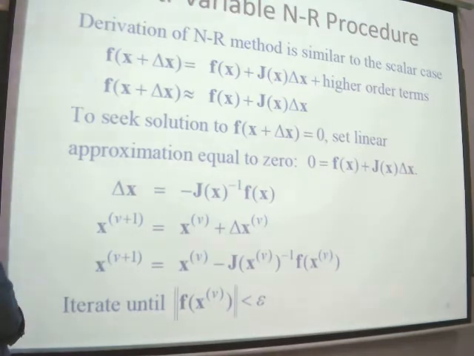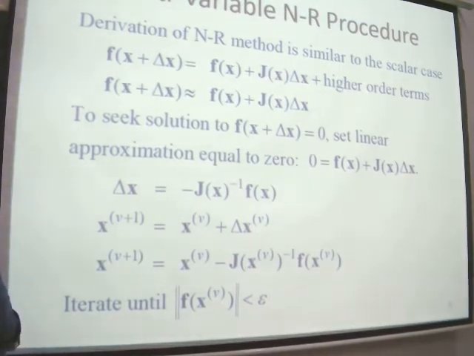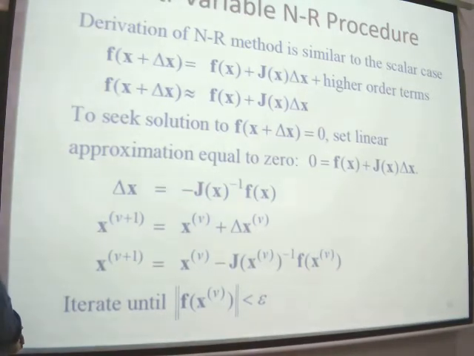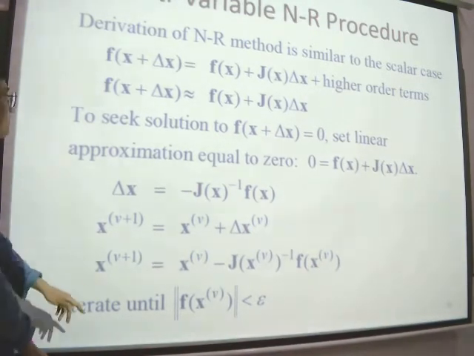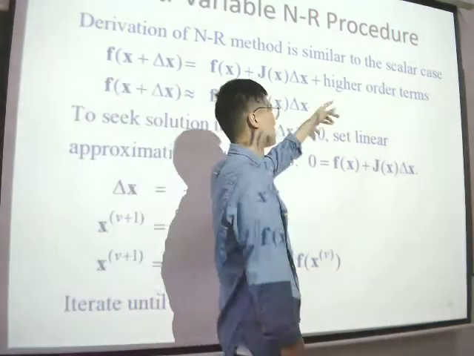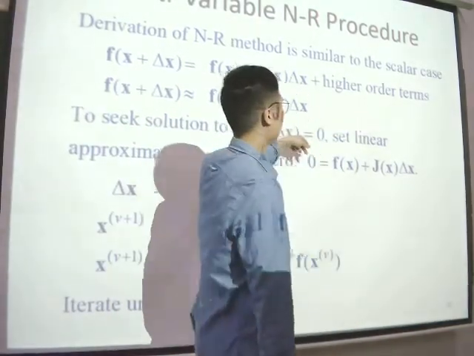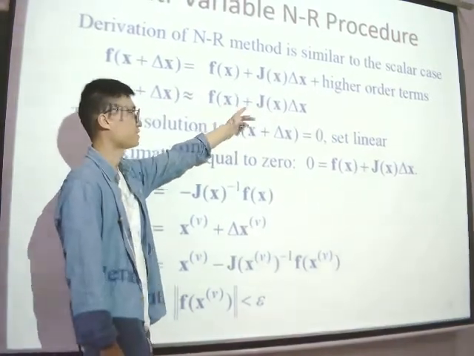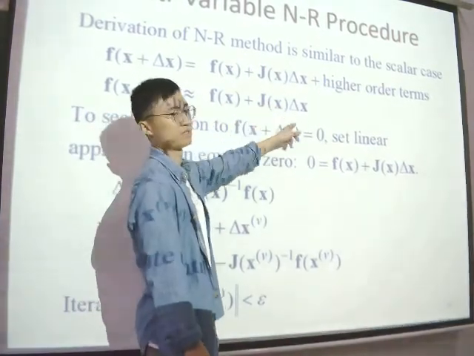Okay, so in the same way, there's the derivation of the Newton-Raphson method from the scalar case. We will approximate and push aside the high order terms, keeping only f(x) plus the first order terms.